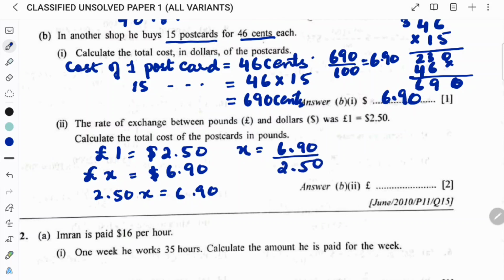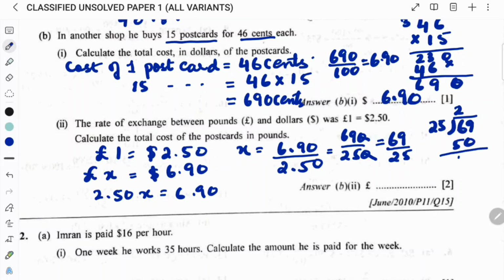Okay, so that is 690 divided by 250, because in the numerator and denominator we have two decimal places. So that is 690 divided by 250. Cancel the zeros over there, so that is 69 divided by 25. Very easy question. And 69 divided by 25, just do this. 25 times 2 is 50.